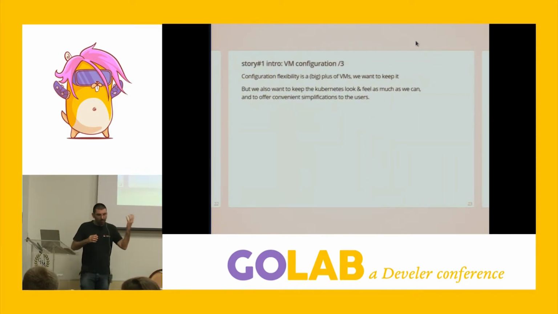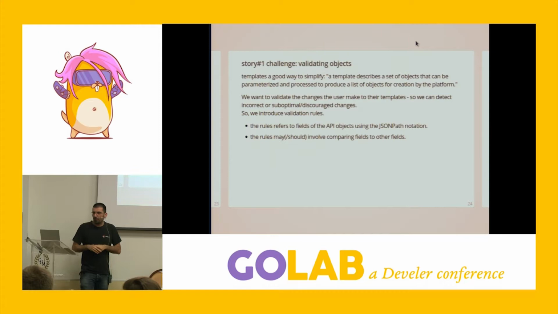So you have plenty of options, you want to keep them, but you want to preserve the Kubernetes look and feel, you want to somehow help your user, you don't want to overwhelm them, and you want to bridge the gap between this rich set of features and the relative simplicity of the containers. So we use templates.